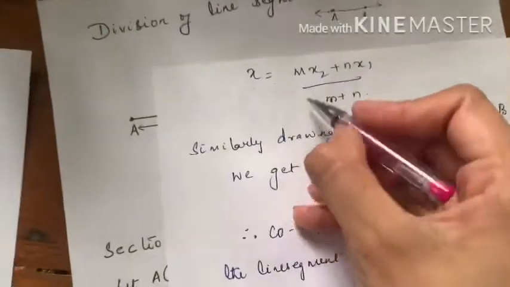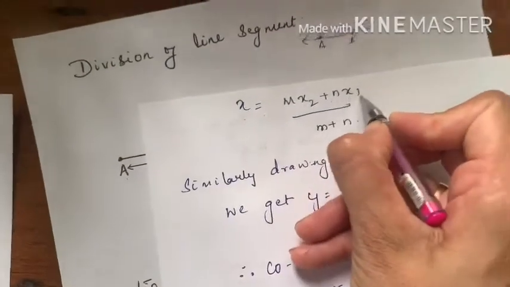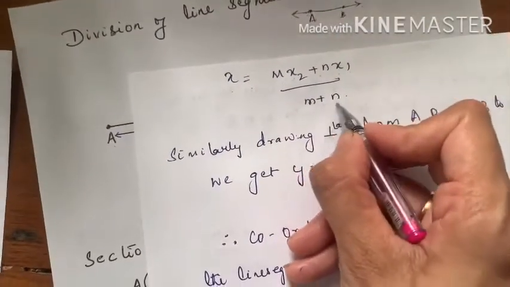So x is nothing but mx2 plus nx1 divided by m plus n.